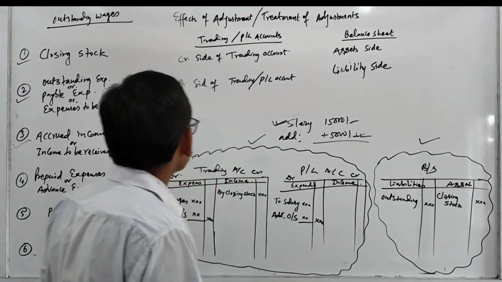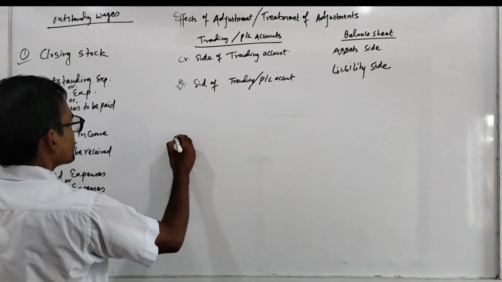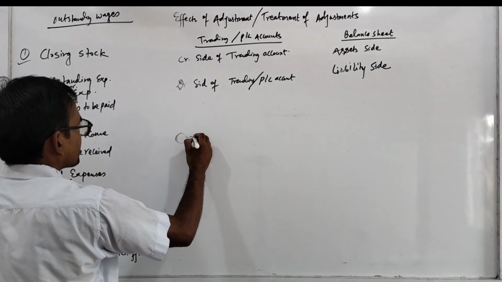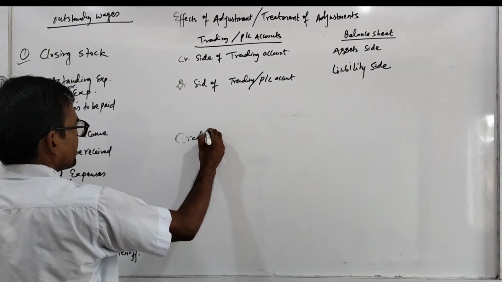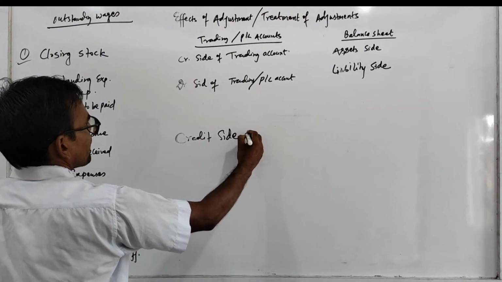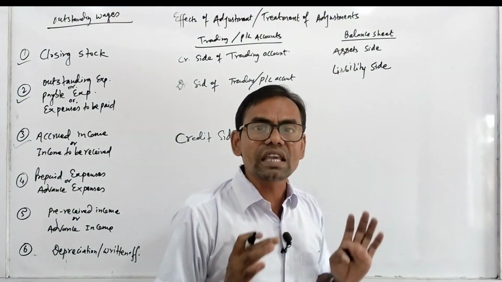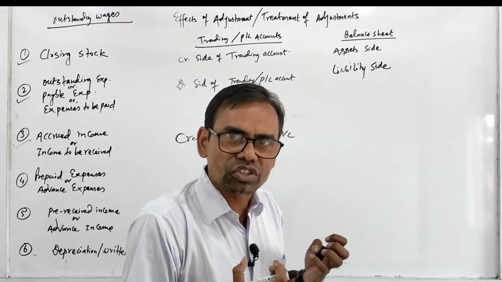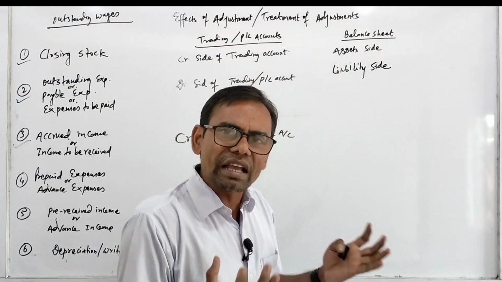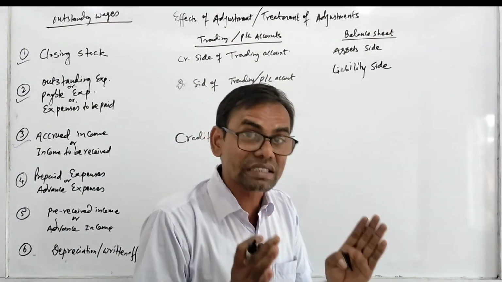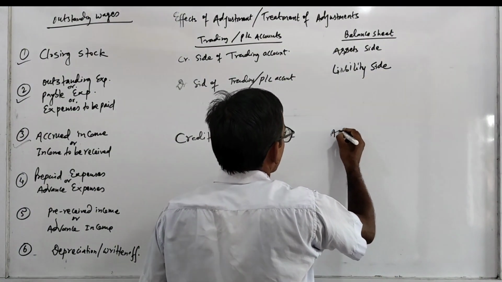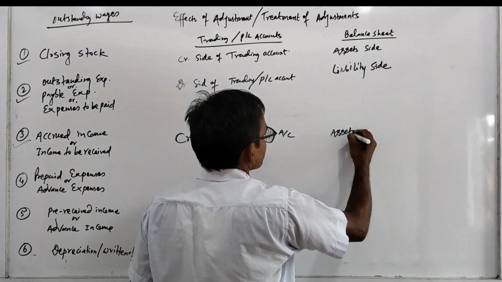It means it is the income, therefore it should be recorded in credit side of PL account. And because it is not received, it is receivable amount, and as you know that receivable amount is assets, therefore it is recorded in asset side.